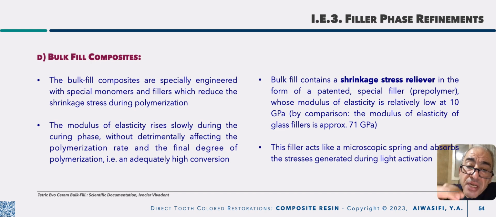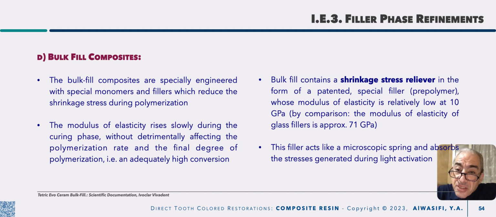This shrinkage stress reliever has a very low modulus of elasticity, near 10 gigapascal, when compared to the high modulus of elasticity of glass filler, which is approximately 70 to 71 gigapascal. This filler will act like a microscopic spring that will absorb the stresses generated due to light activation shrinkage stresses.